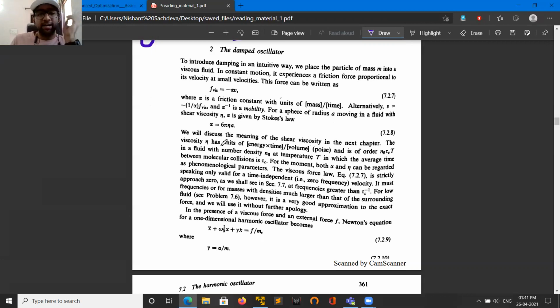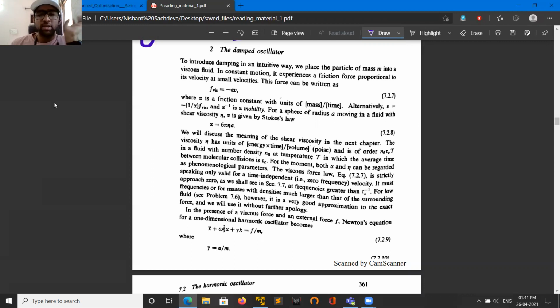The viscosity eta has units of energy times time divided by volume, which is called poise, and is of the order of n tau c times T, in a fluid with number density n at temperature T. Here the average time between molecular collisions is tau c.